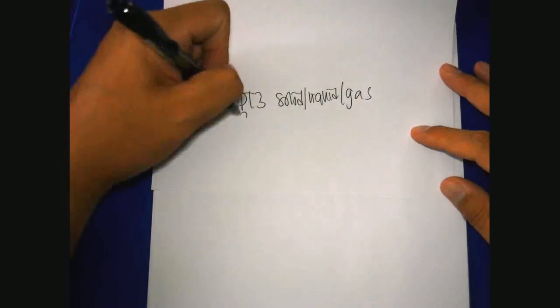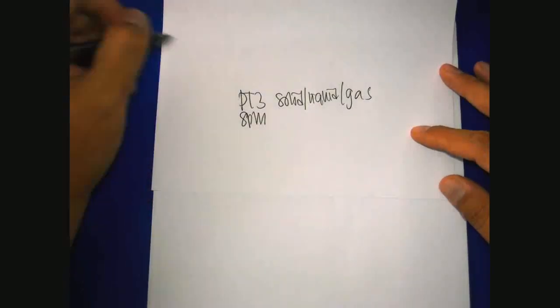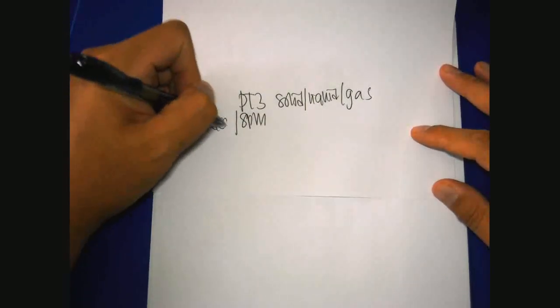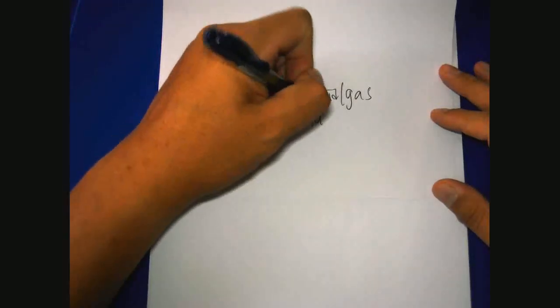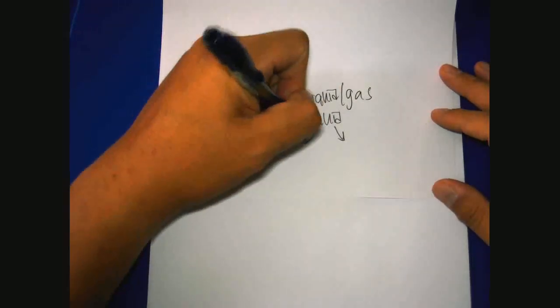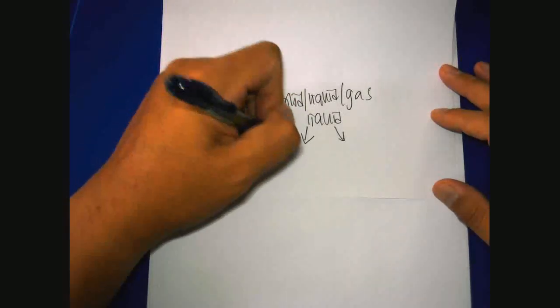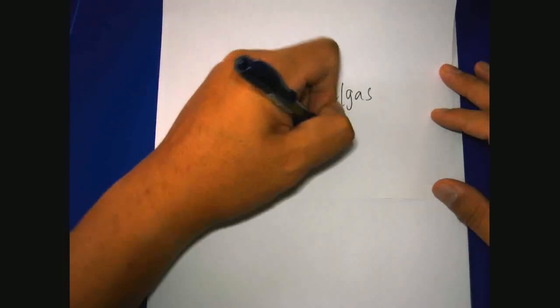These are the three states that we learn in PD3. But when you come to the SPM, or even IGCSE, we need to know that liquids can be classified into two possible things, which are called molten as well as aqueous.